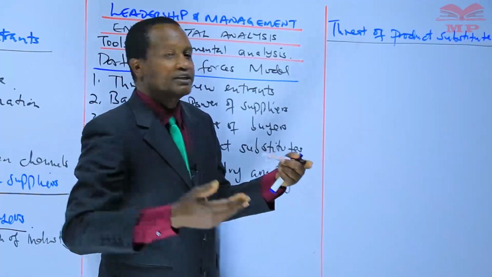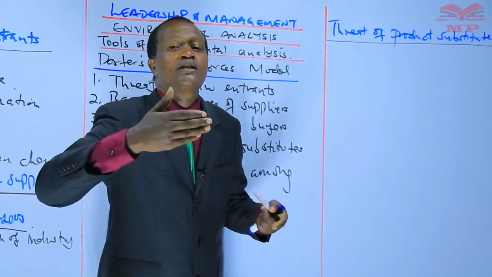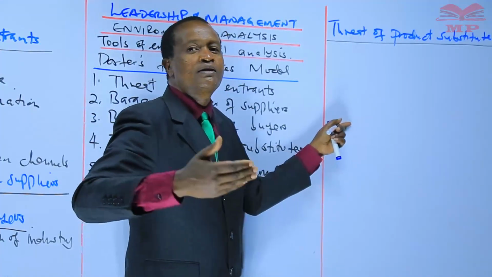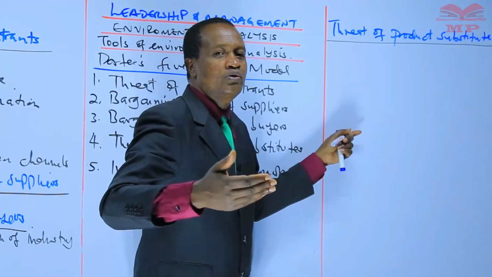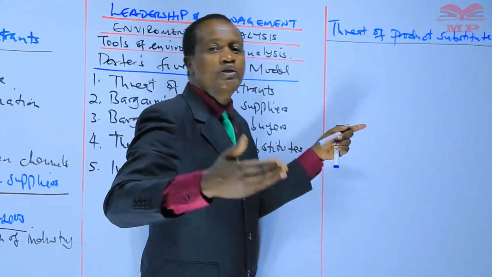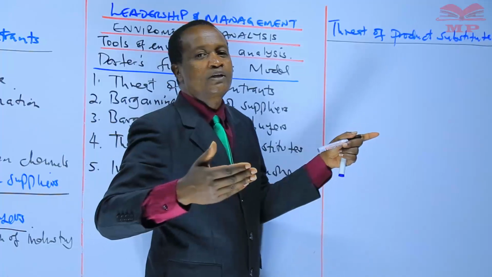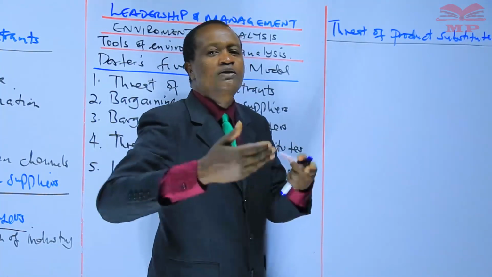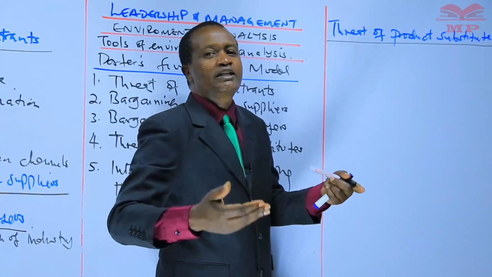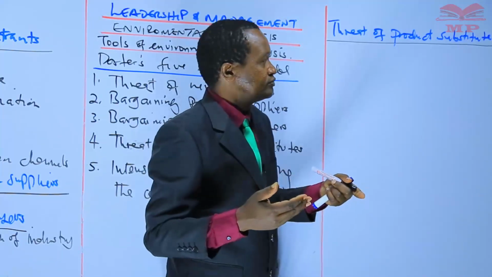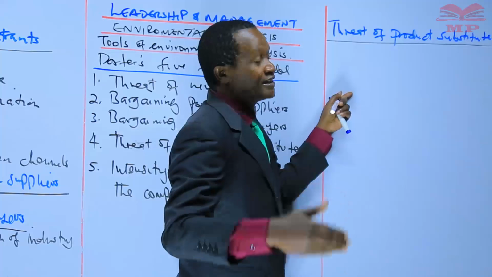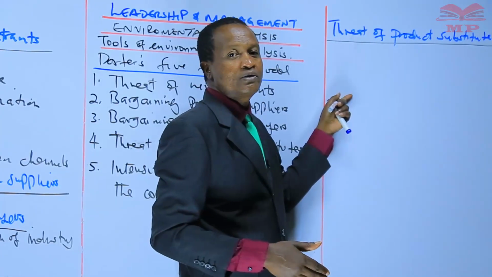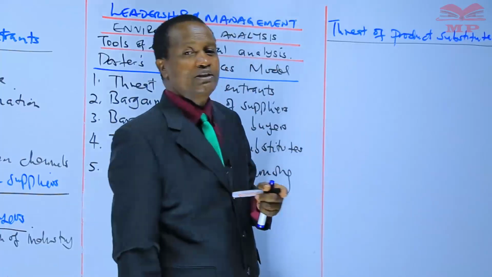And product substitutes, candidates, present a strong threat to a firm when customers face few switching costs, and we can also say when the substitute product price is lower. If the substitute prices are lower, then that becomes a threat to the products offered by an organization.